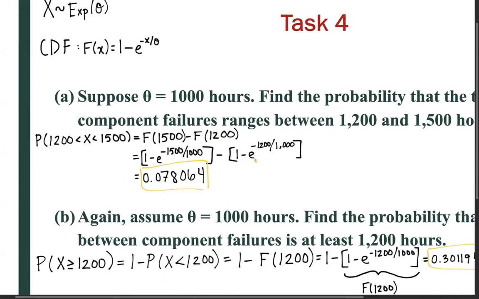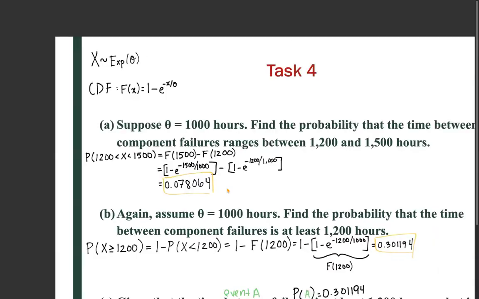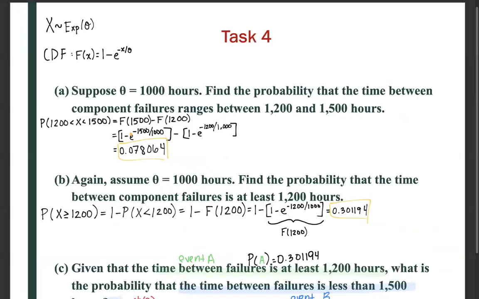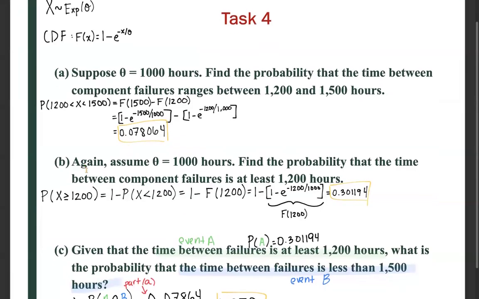That would be 1 minus e to the negative, and now we have 1,200 as our x, so 1,200 divided by our theta, which is still 1,000. Once you put that in your calculator, you'll get 0.078064. So that's part A.